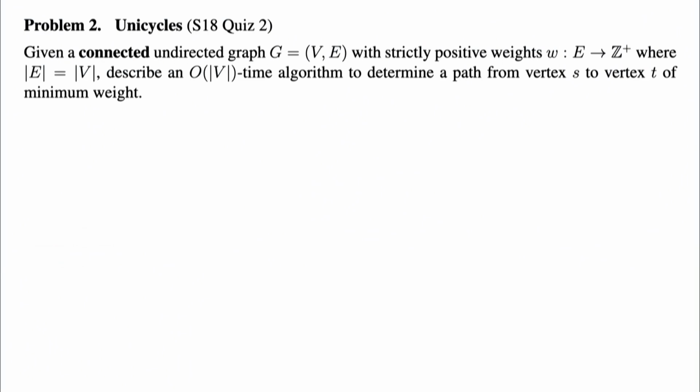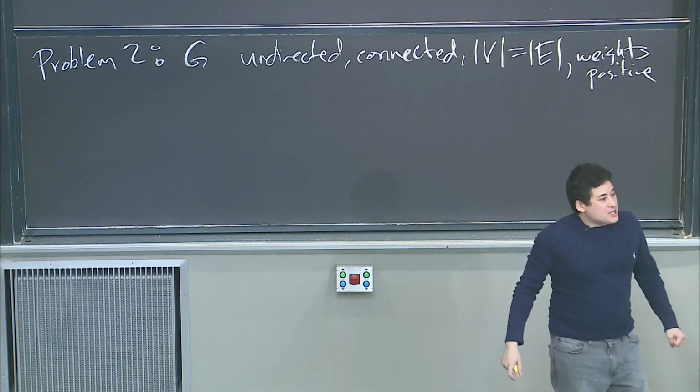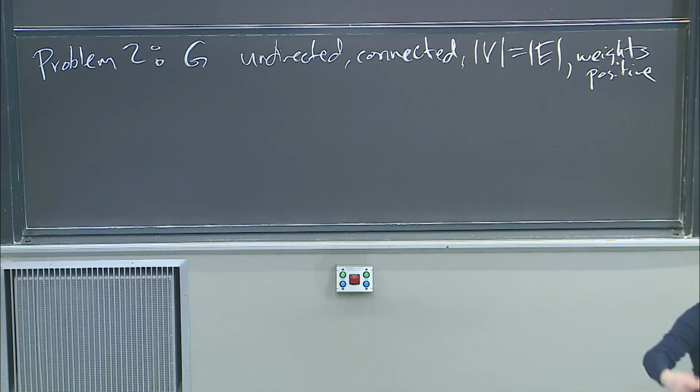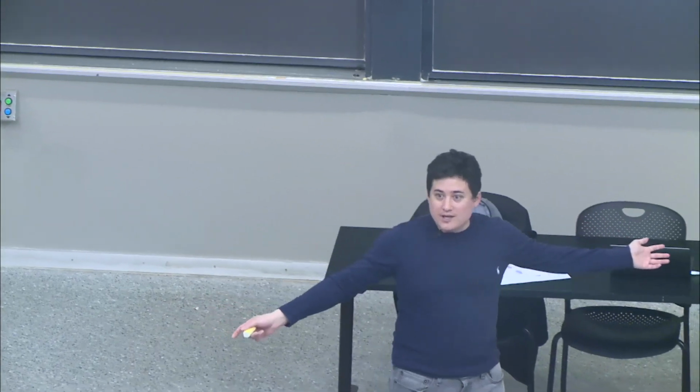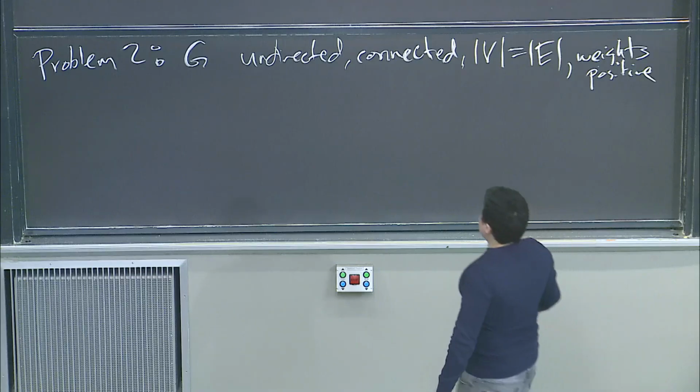Now, if we were just given this graph and wanted to solve this problem, a very easy way would be to just run Dijkstra on the graph. This graph has only positive edge weights. How long does Dijkstra take on this graph?